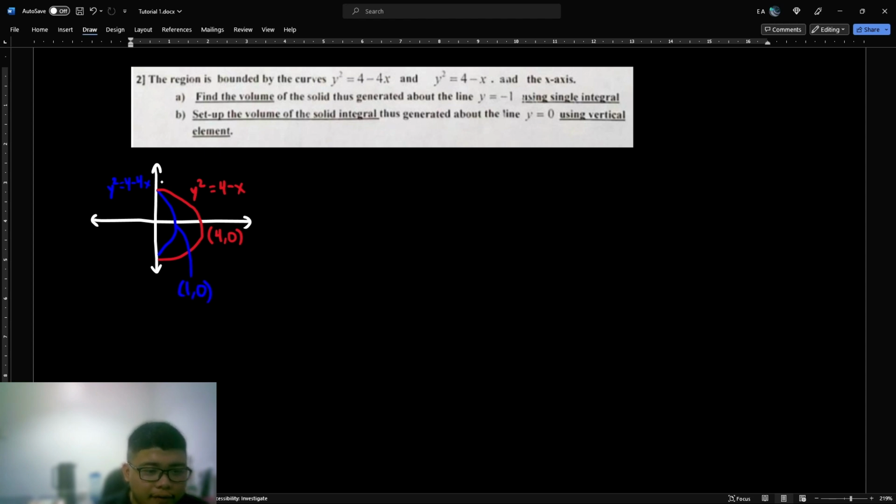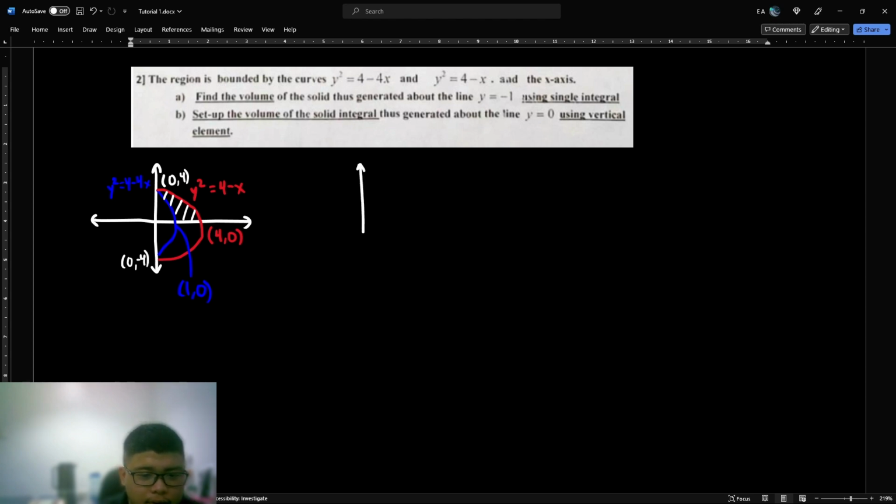And we have common y-intercepts 0, 4 and 0, -4. But what we actually want to know is this area right here. If we revolve this area about a line y equals -1 for letter A.